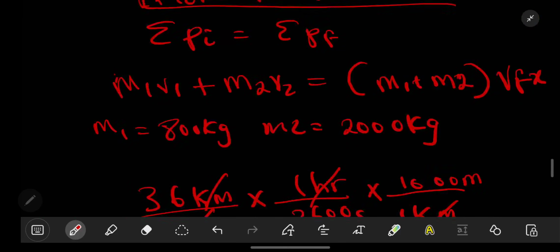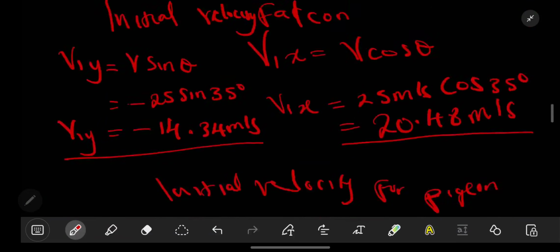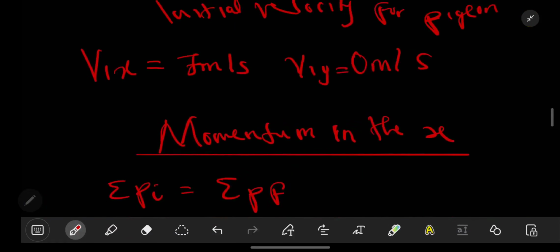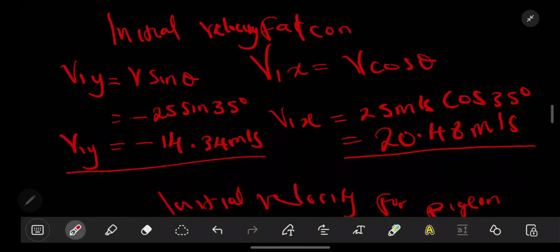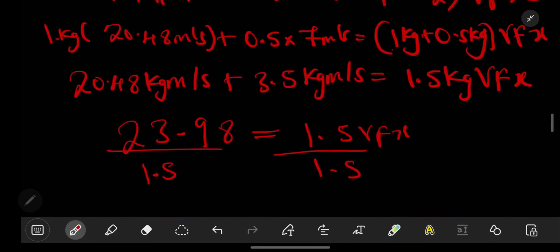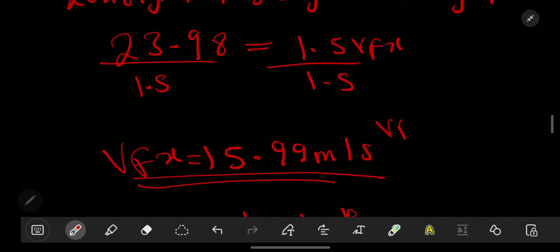Now, let's compare it with the Falcon. When you find the velocity in the x for the Falcon, you cannot from here say velocity in the x is equal to v cos of theta.